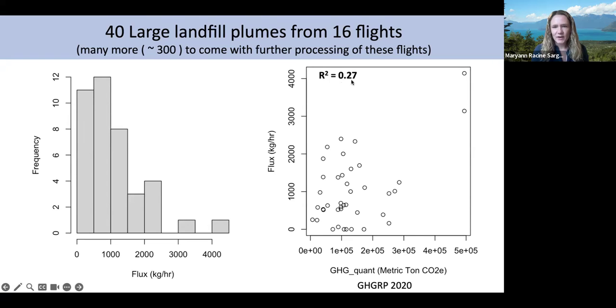So we have a pretty low R squared of 0.27, which is probably not a surprise to anyone who's worked with landfills, that these bottom-up methods are not great for giving you a real estimate of what the emissions from a landfill are going to be. So that's been shown before, but I think it's important to emphasize that those bottom-up methods really have a high uncertainty. And I think Carbon Mapper and others who have done a lot of landfill emissions have seen a similar thing.